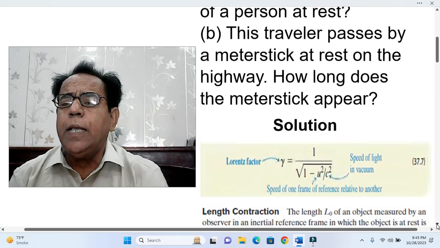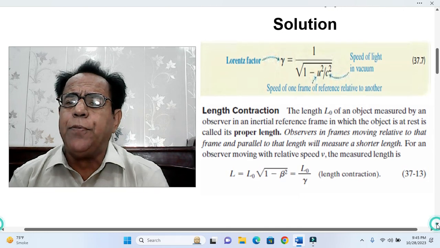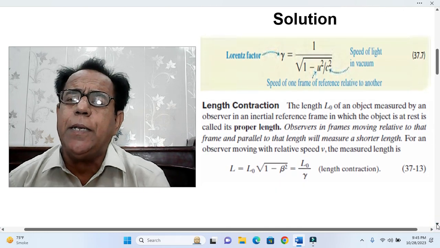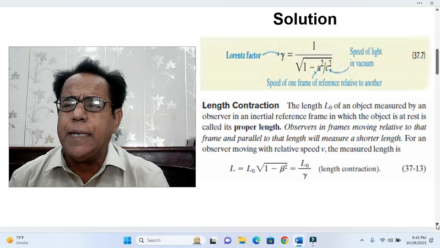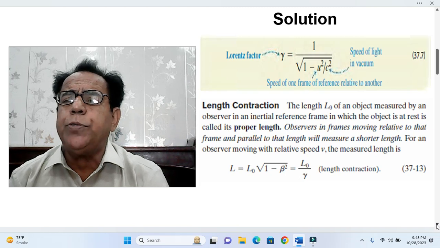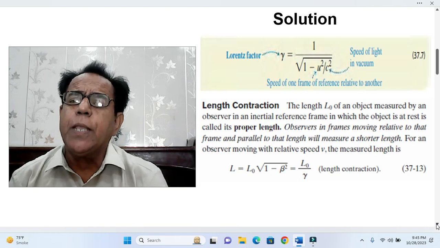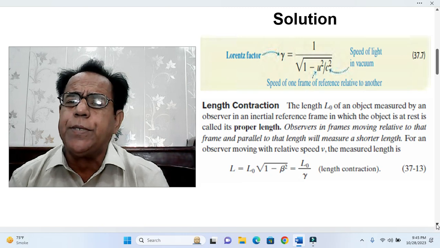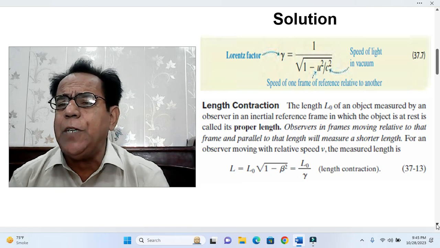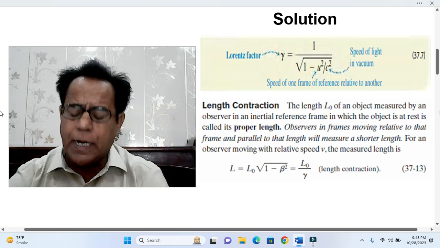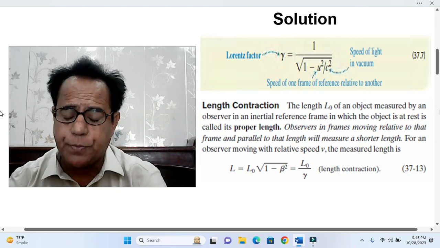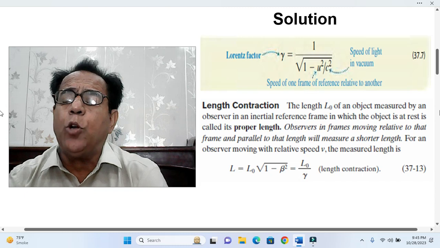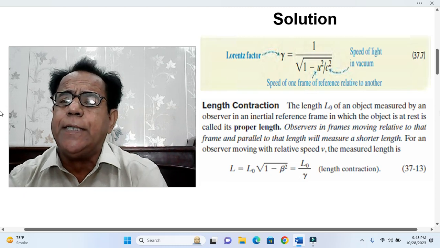Now we move to its solution, but before starting our solution in a formal, regular manner, we first go through several slides which have been chosen from different books, and these slides will provide us a foundation regarding understanding of this problem as well as its solution. The first snapshot is regarding the Lorentz factor, which is denoted by gamma.